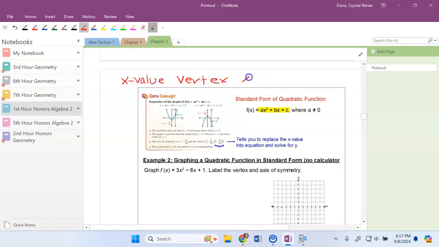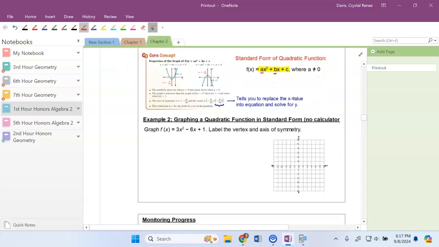It's going to be x equals -b over 2a. Remember b is the coefficient for my x, and a is the coefficient for my x squared. After I have my x value, all I would have to do is plug that x into the equation to get my y, and we'll do that here in a minute.